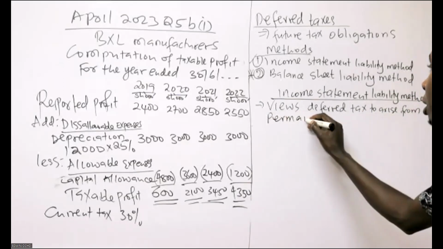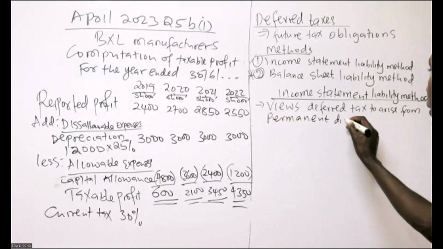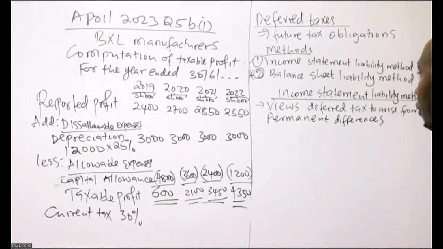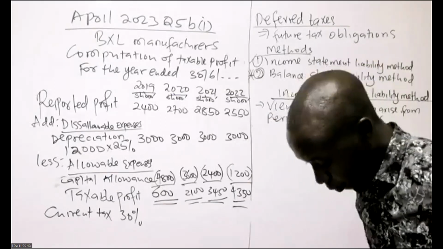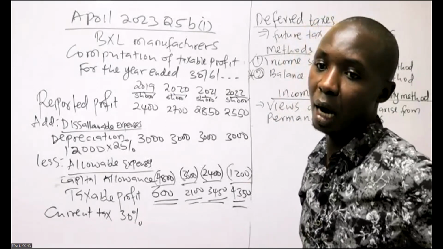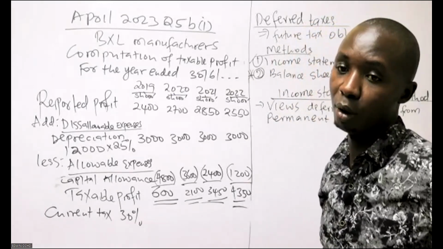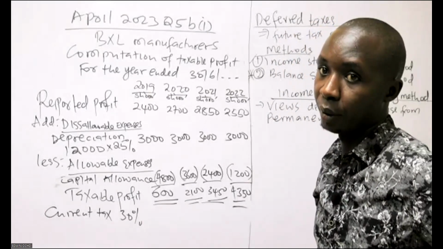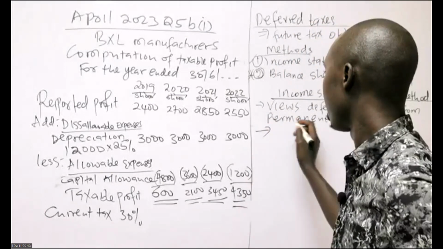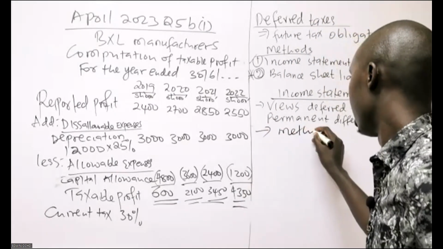When we talk about permanent differences, I mean the differences between the allowable expenses and the disallowable expenses. We have various methods under the income statement liability method.